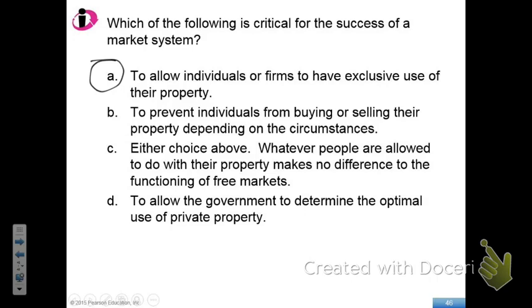We have at least 4 remaining minutes. So why is B not the correct answer? The market doesn't want to prevent you from selling property. Right, precisely.